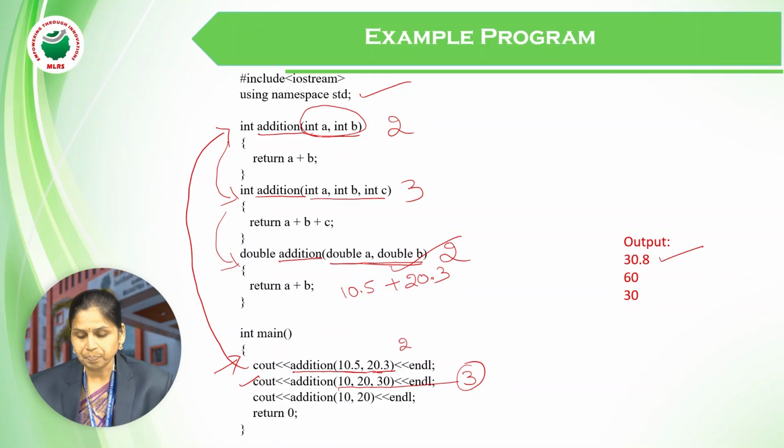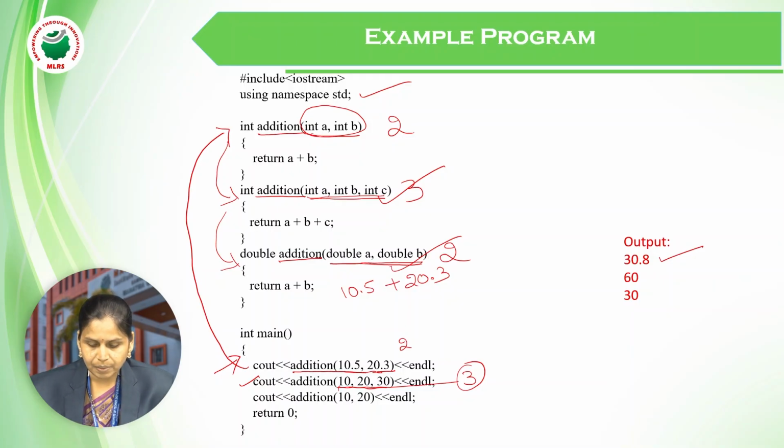Then it goes to the data type of the parameters. Which data type values are here? Int A, int B, int C. The 3 parameters are integer data type only. Next it verifies what we are passing: 10, 20, 30. Here also these 3 values are integer data type. So the number of parameters is matched, the data type of the parameters is matched, and the order of the parameters is also matched. Then automatically this function is executed.